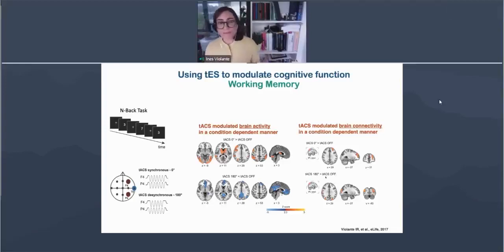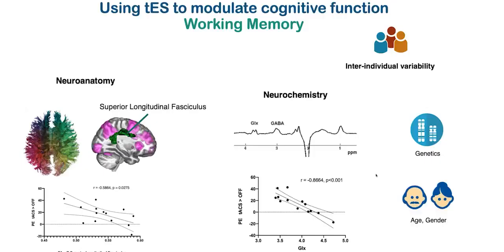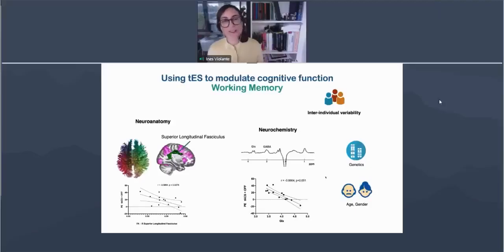However, as we start to look more at this, and we've done some studies in patient populations, we start to understand what Marom was referring to, which is this idea that you want to improve something in a patient population, but you're faced with this inter-individual variability that we know is there. And we start to see more and more factors that explain part of that inter-individual variability and how the effects of brain stimulation act on brain activity and on behavior.